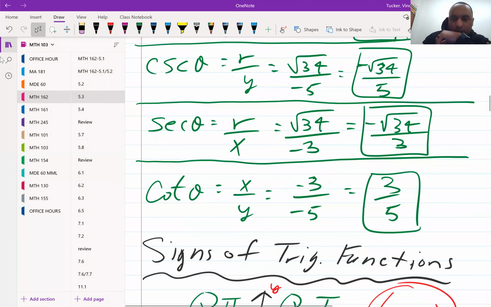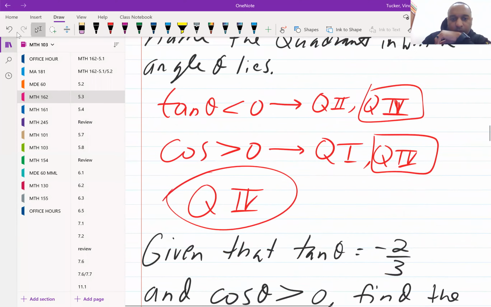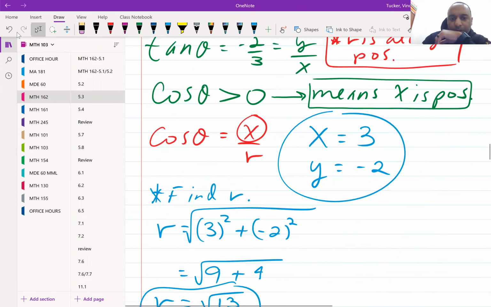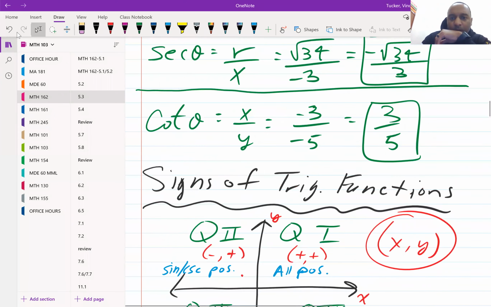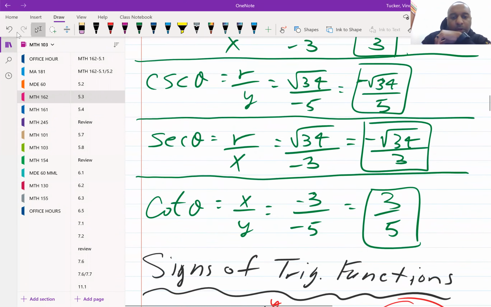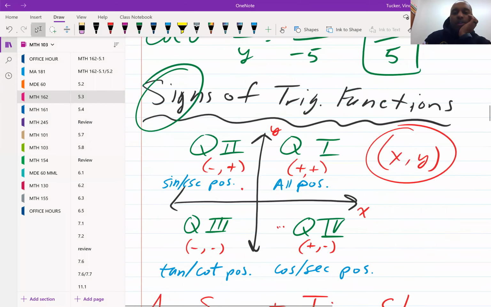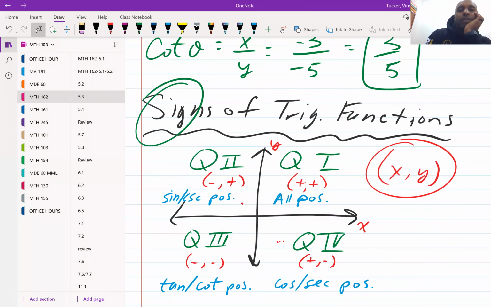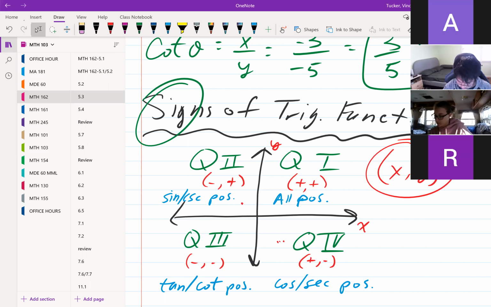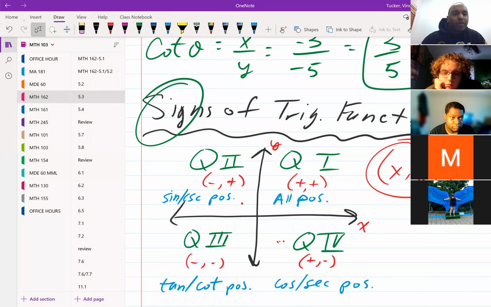All right, I think this is a good place to pause without getting too deep into 5.3. So we'll pause right here. We'll pick up at signs of our trig functions and further solidify that. Before we close out, questions, concerns, comments? Is everybody good? Everybody's in math lab? Getting rolling? Anybody see anything?